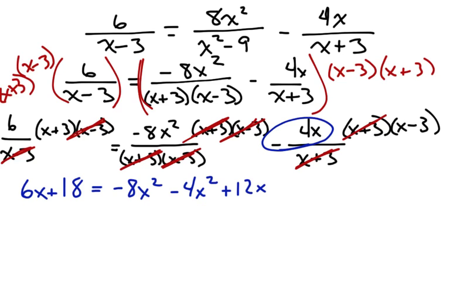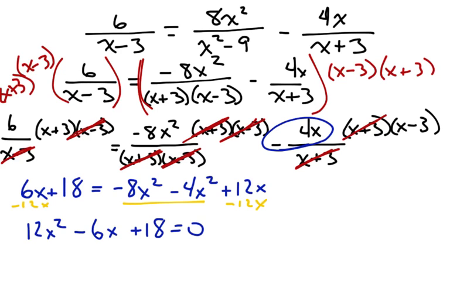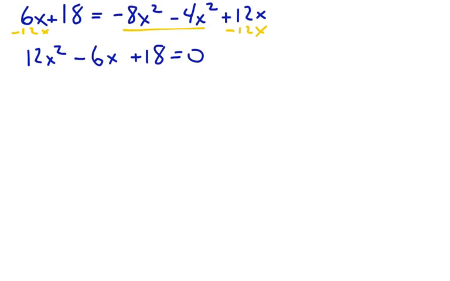So I'm going to take this negative 12x squared and bring it over to the other side. And I'm going to take this and subtract 12x from both sides to get those to cancel. So negative 6x. And we'll still have that plus 18 over here.